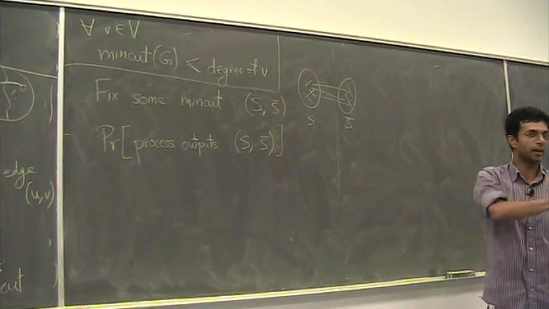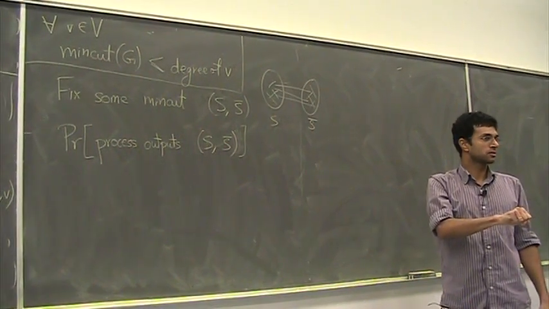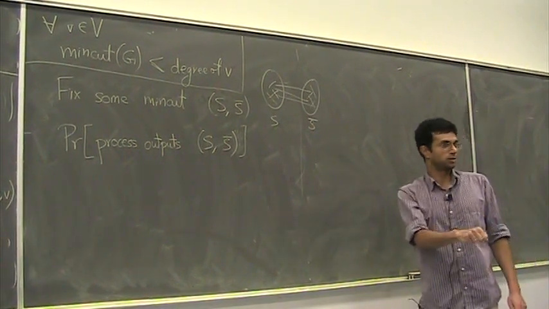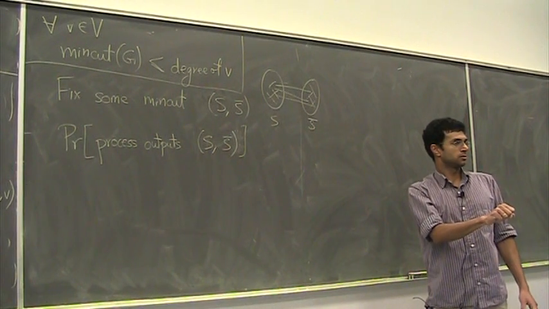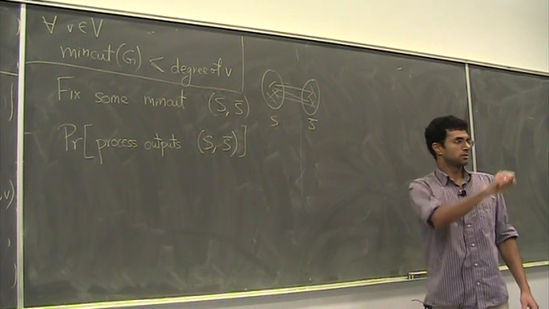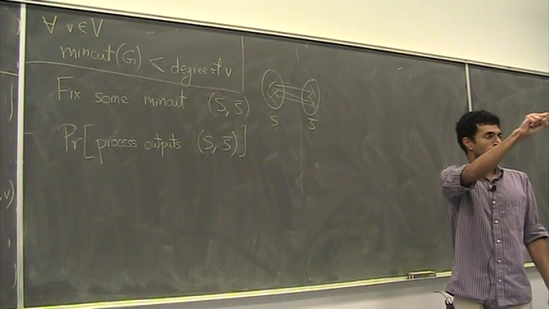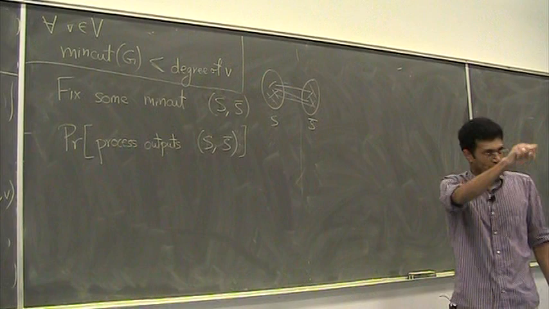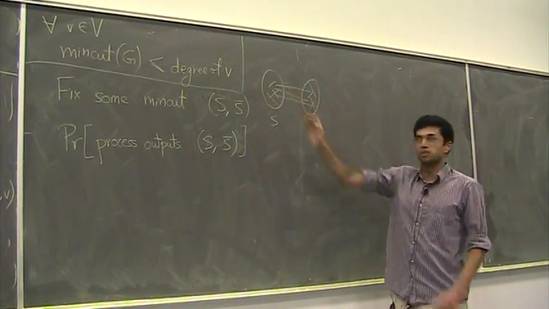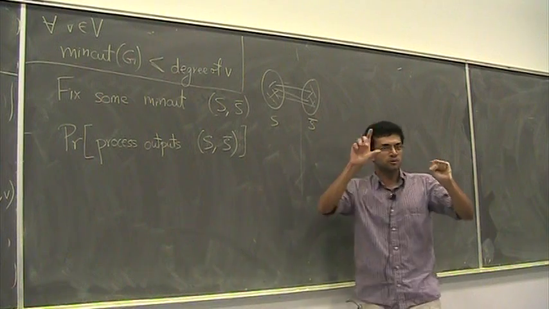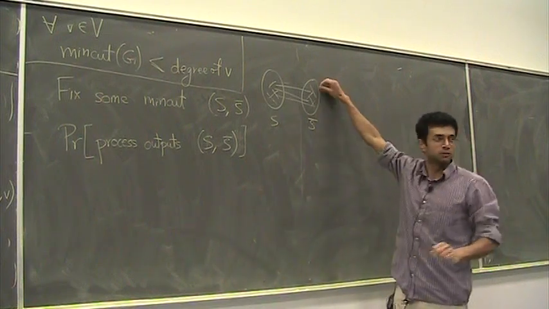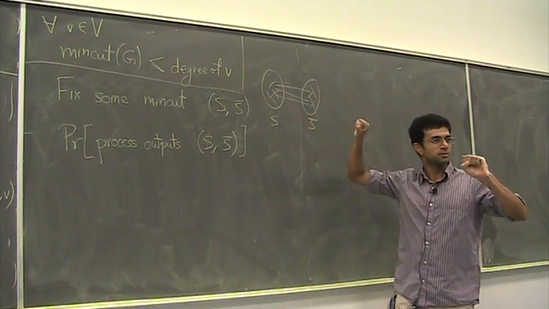What is a safe edge to contract, and what is an unsafe edge to contract? The safe edges are all of the ones not in E of S, S complement, that are not in this cut. If you contract any edge there, you preserve the cut.